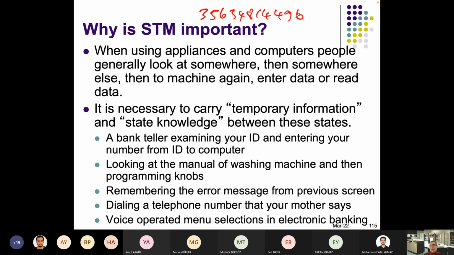However, you have to tell your phone number, and the person, the cashier, should get the phone number from you and type it in.